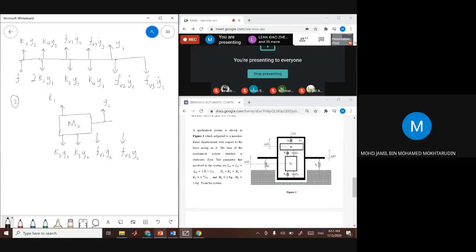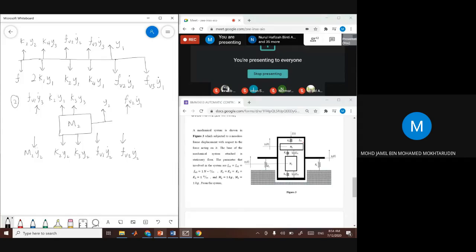M2 has inertia, so M2 Y2 double dot. Then K2 Y1, K3 Y3, FV1 Y3 dot, and FV2 Y1 dot. So many.